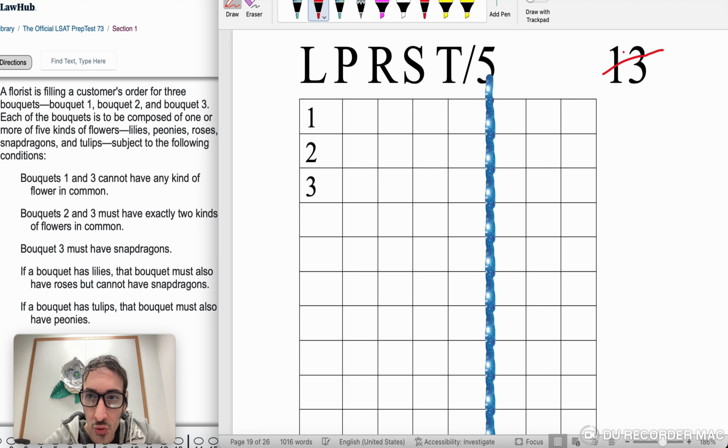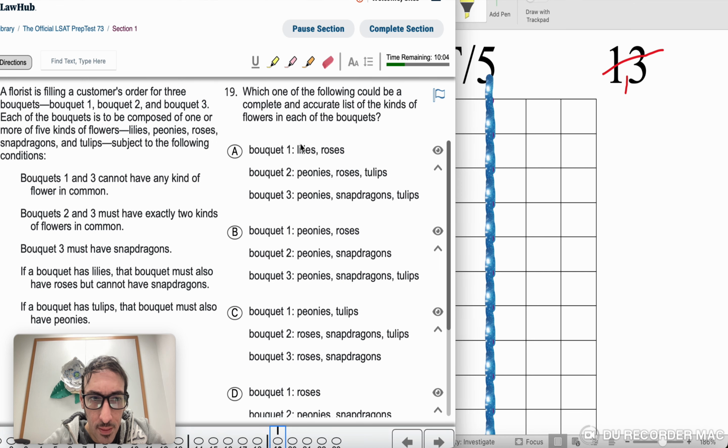Now, once we have written it down, 1 and 3, I'm just going to draw the comma. Let's look for it instead of going through all of these right now, and get a good understanding before beginning the question. So 1 and 3 cannot have the same kind. So 1 and 3 cannot have any common flower.